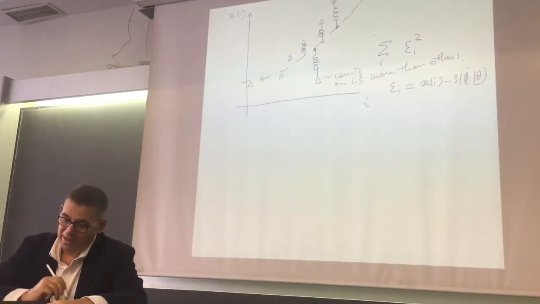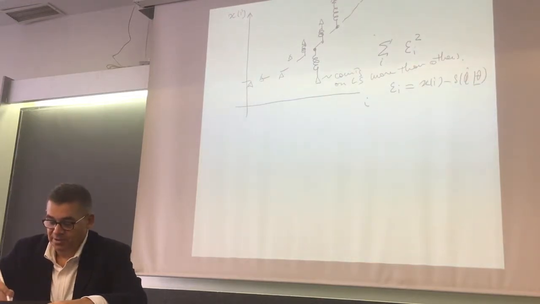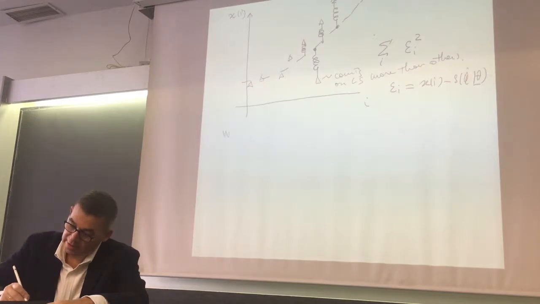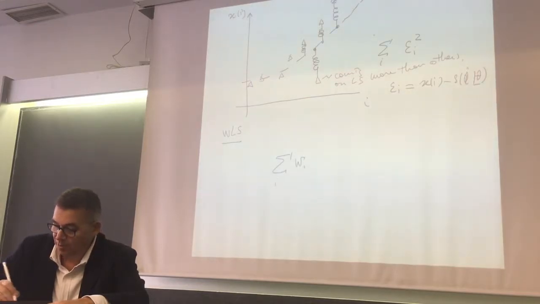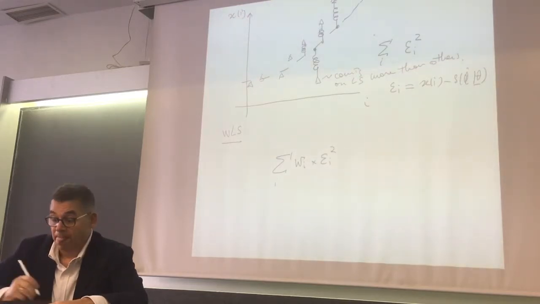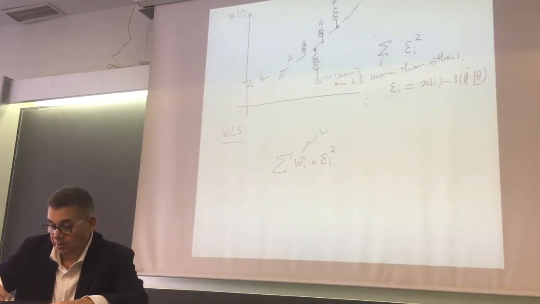Now, let's apply a slightly different way. Let's define the weighted least square. The weighted least square says I'm summing on i a weighting factor Wi, which is positive, times epsilon i squared.